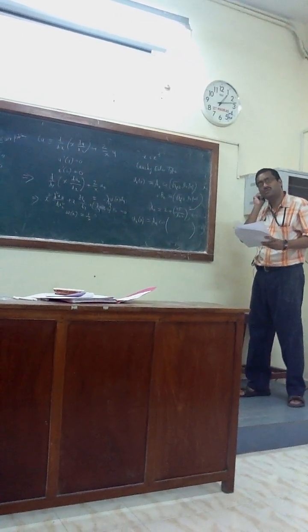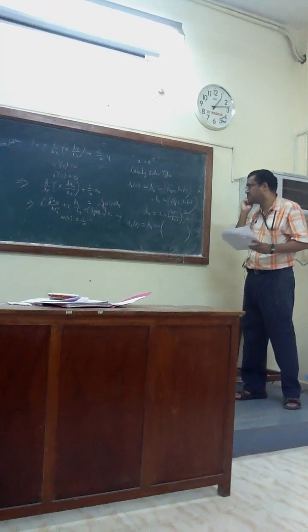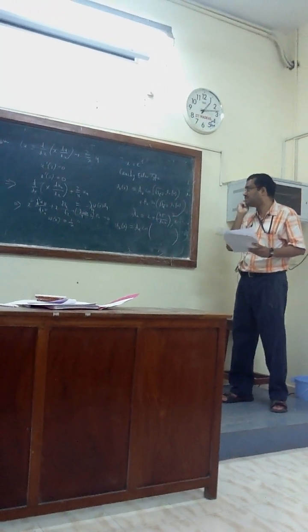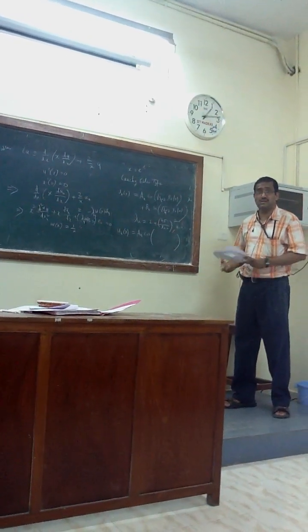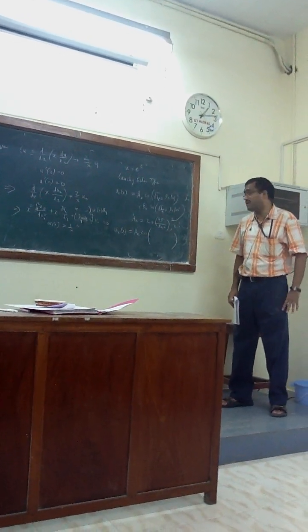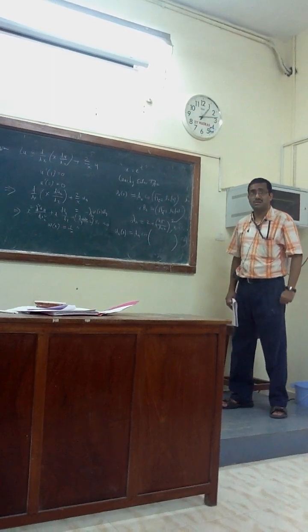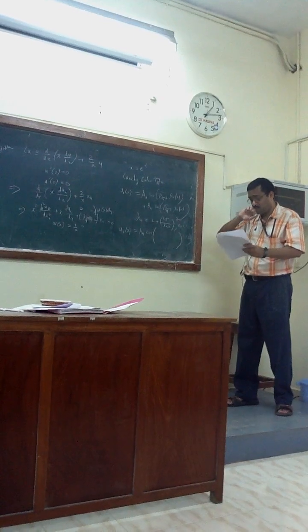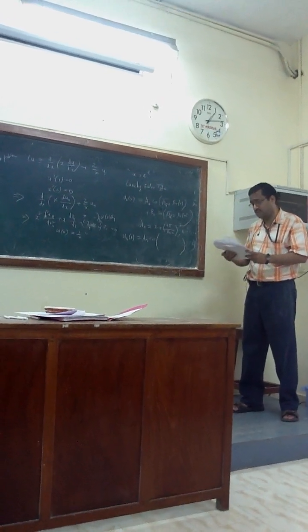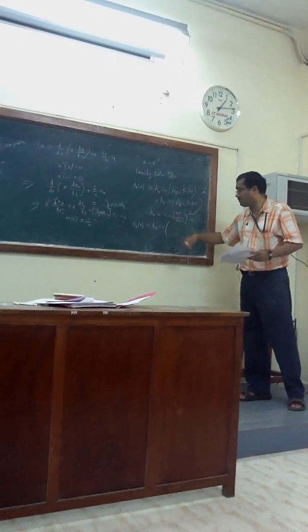Cos what? Root over lambda plus 2 is how much? The board, everything is there. I am not getting any answer. Root over lambda plus 2 is how much? How can you say 4 plus? Root over lambda n plus 2 is how much?